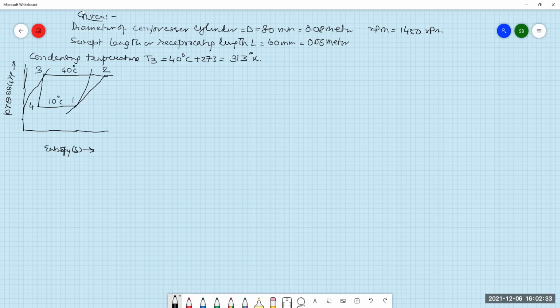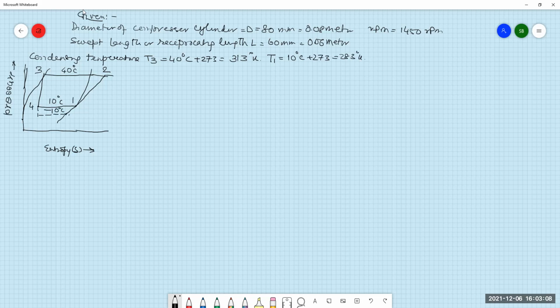T1 is 10 degrees centigrade plus 273, that is 283 degrees Kelvin. And the second suction temperature is minus 10 degrees centigrade.